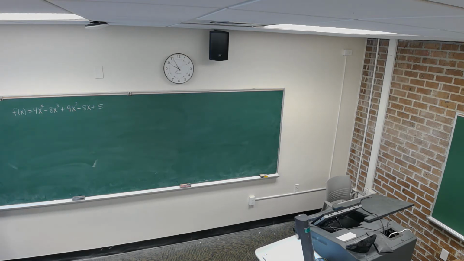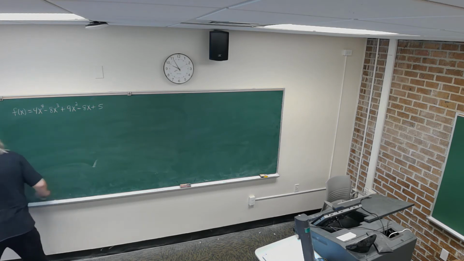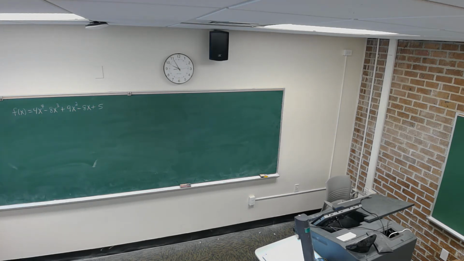So let's just remind ourselves. i is equal to the square root of -1. i squared is equal to -1. i cubed is equal to -i. And i to the fourth is equal to +1.